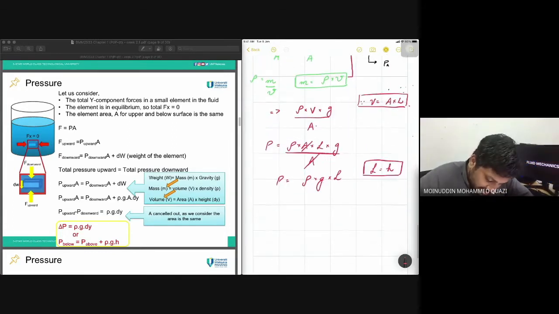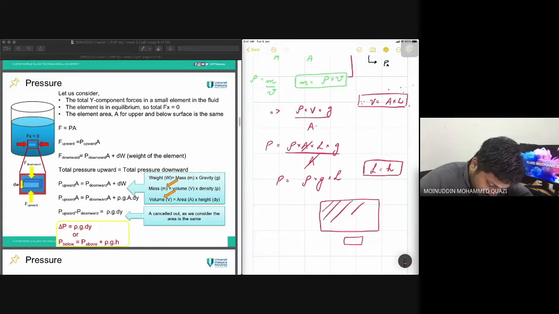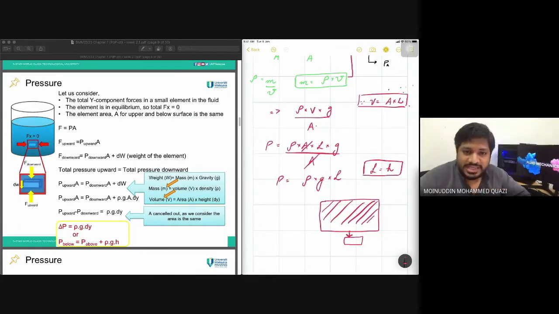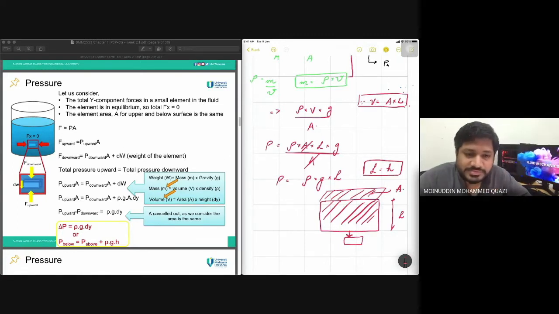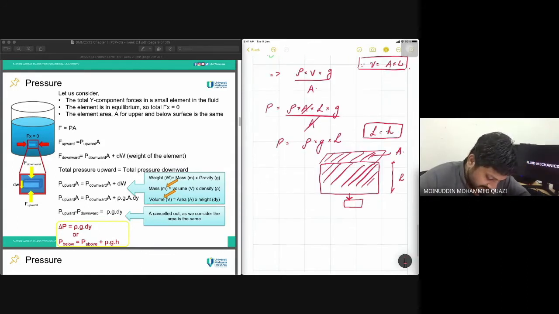Now on this swimmer, Mr. Alif, how much pressure is acting? The pressure of this whole fluid is acting on him. That is why we take this length on him, and this is the cross-sectional area. So that is why we say pressure equals rho g h.